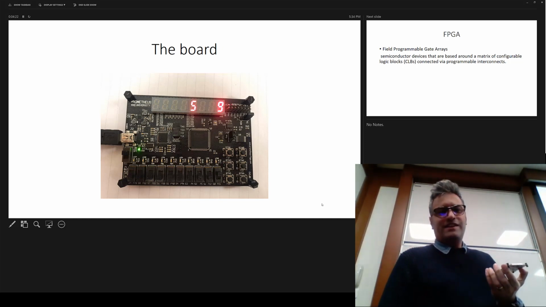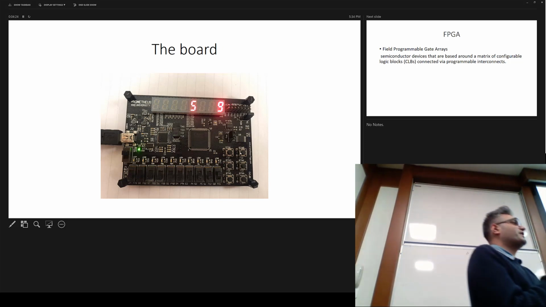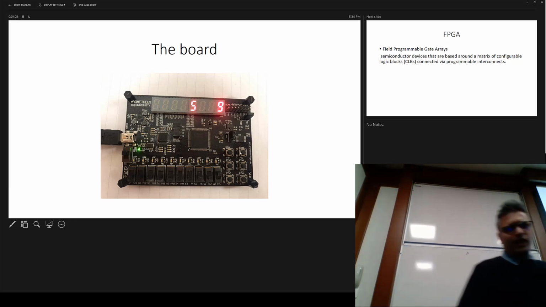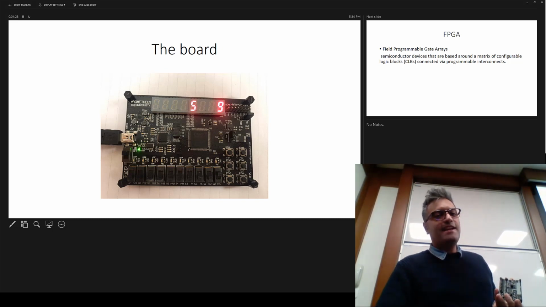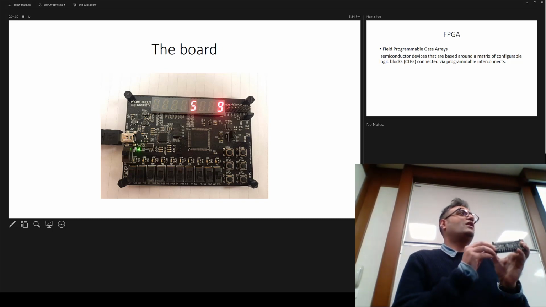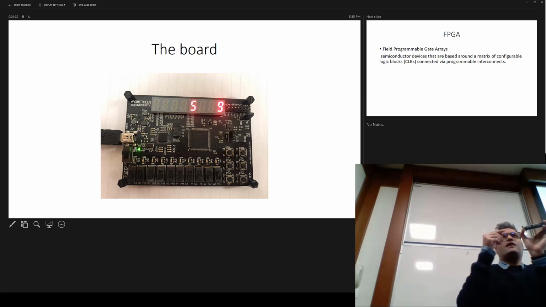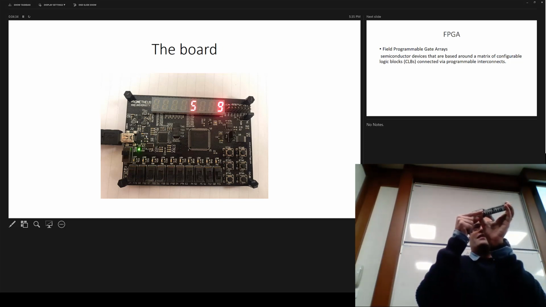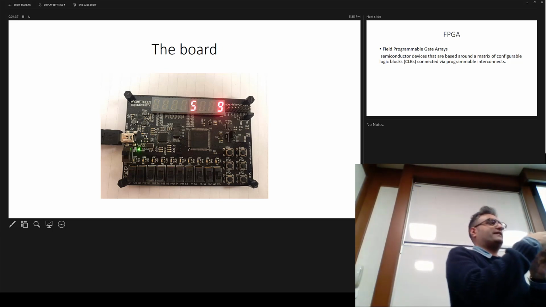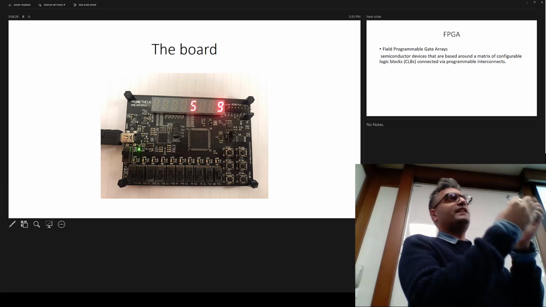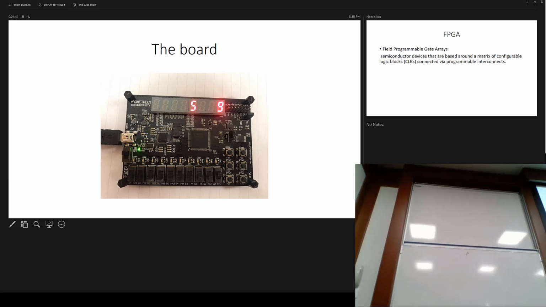The other components are just peripheral to this device. For example, we have a USB connection. You connect your computer via USB to this and put your program in it. Some of these components at the left of the board are all related to the USB connection.